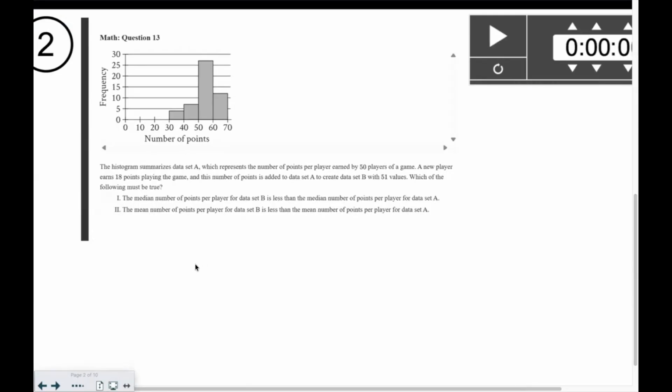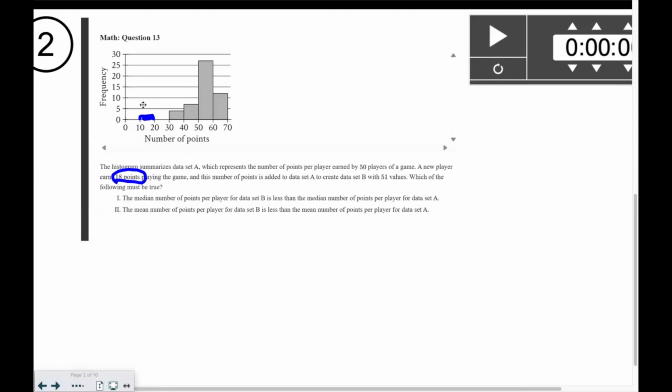Okay, so we definitely don't want to calculate really any of this. We want to just have an idea of what effects certain numbers have on medians and means. The first thing to notice is that if we add a person who's scoring 18 points, that's going to be somewhere here, so that is a low outlier.